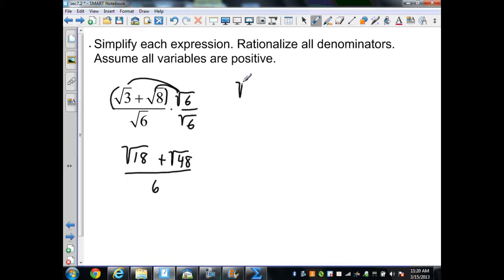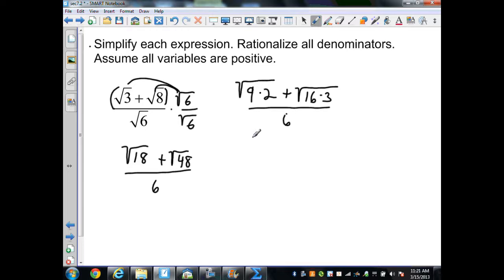Now I need to simplify in the numerator. When I do, that's going to give me the square root of 18, which I can separate into 9 times 2, plus the square root of 48, which can be 16 times 3, all over 6.